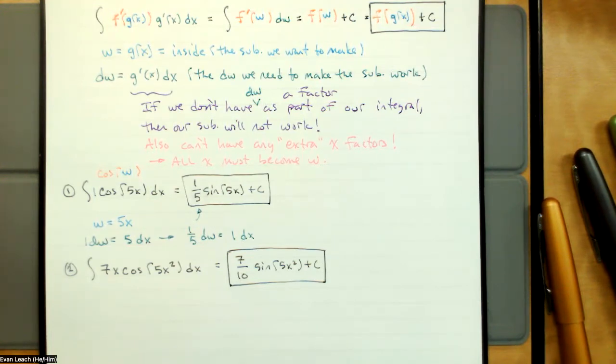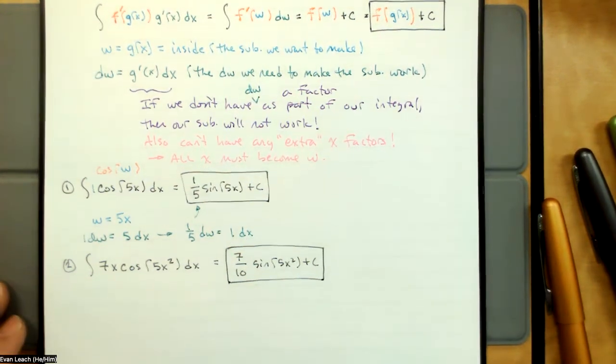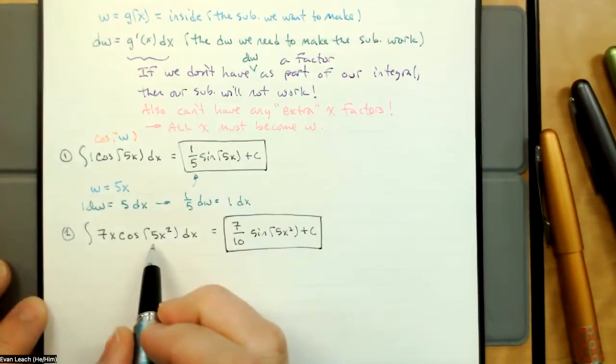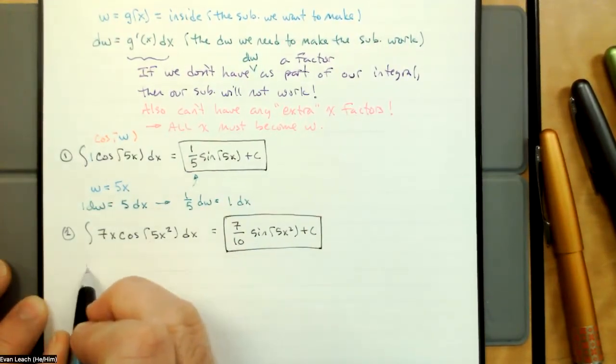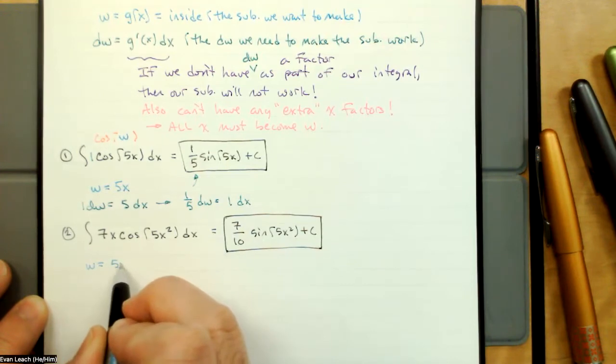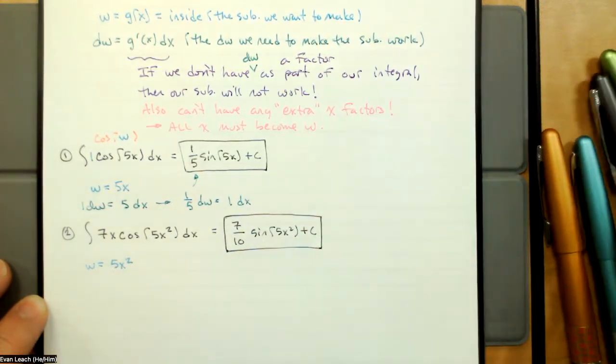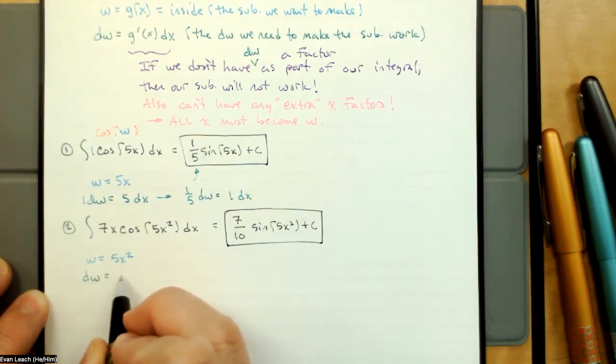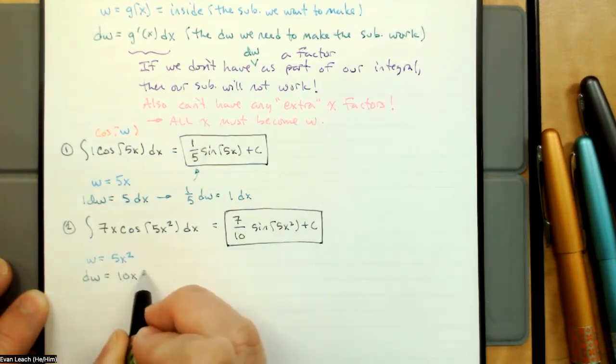But what we want to practice is writing the details down so we can see where all this stuff comes from. We start by identifying the substitution that we want to make. And we've been calling it the inside function. The only thing that's an inside function is 5x squared. Then we take the derivative dw. The derivative of 5x squared is 10x dx.